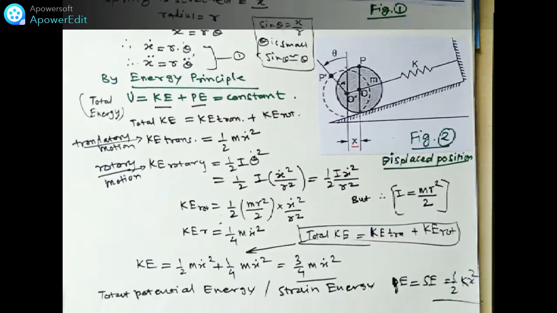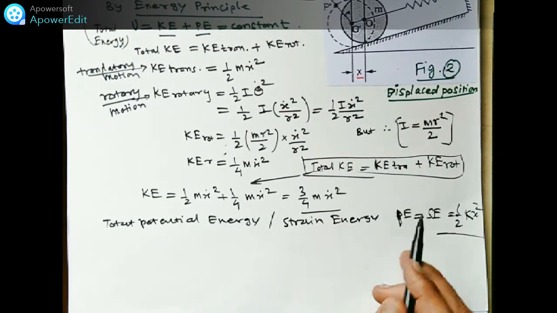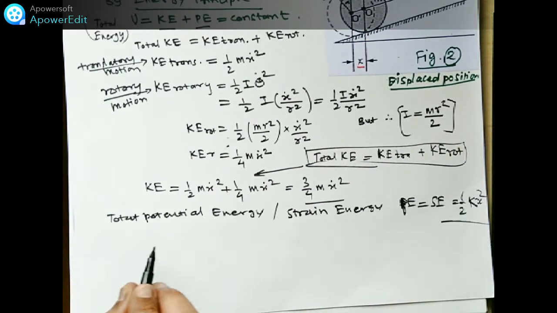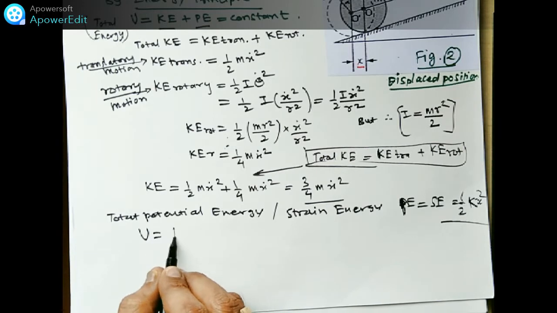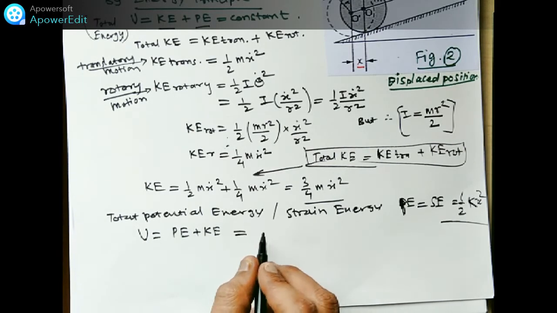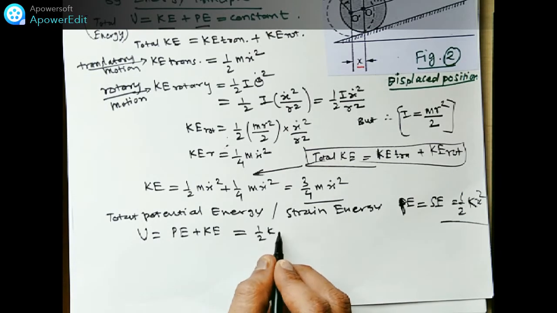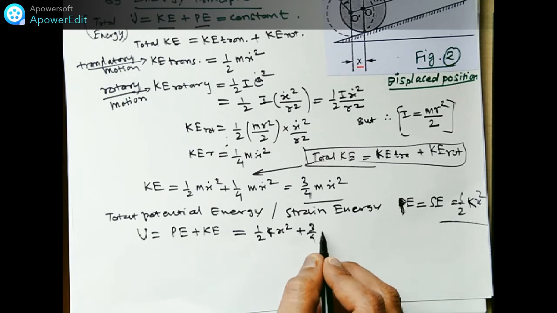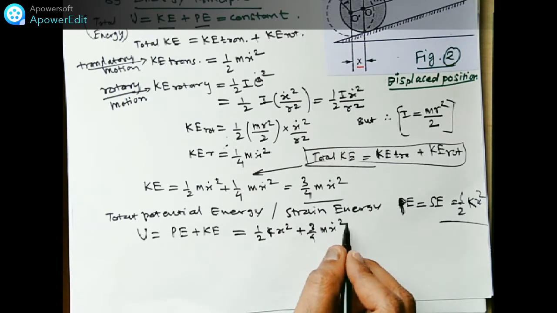This P becomes the total potential energy. So U becomes P plus KE: half K x square plus 3 by 4 m x dot square, which is equal to a constant.